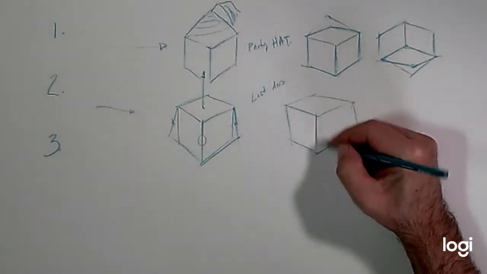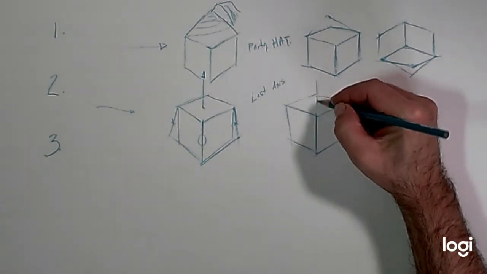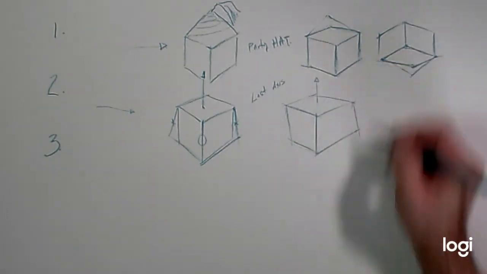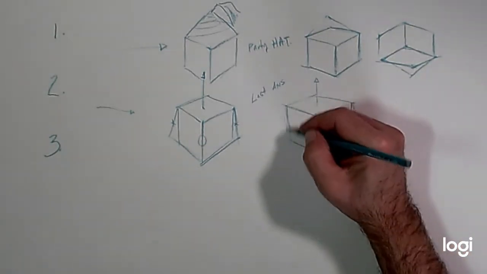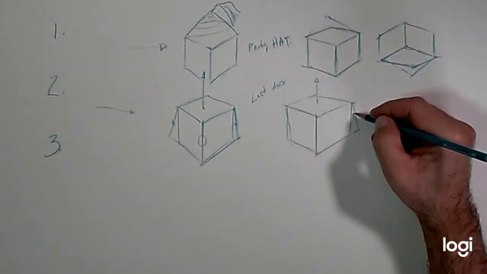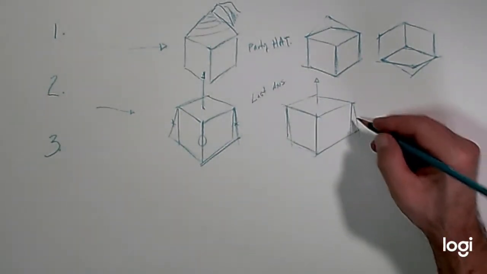Find the axes that you're committed to using. You can even make a note of it. And let all of the lines, all of the verticals in this instance, match the axes.